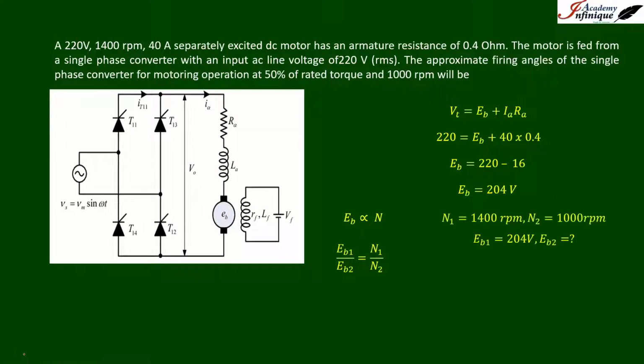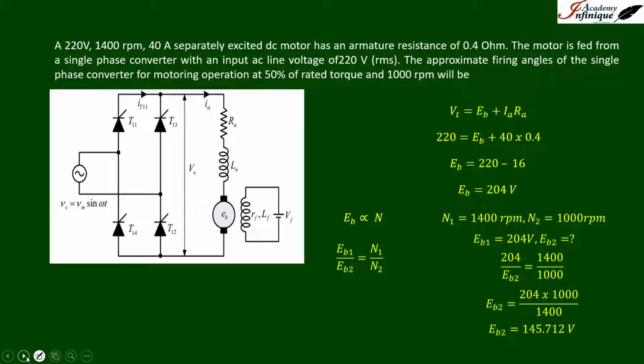Now, if we put the values of the example for case 1 and case 2, then we can find out Eb2 as shown here, and finally it will come that Eb2 is equal to 145.712 volt.